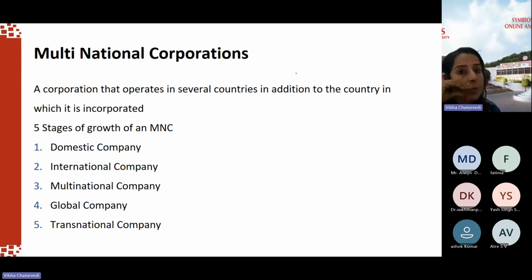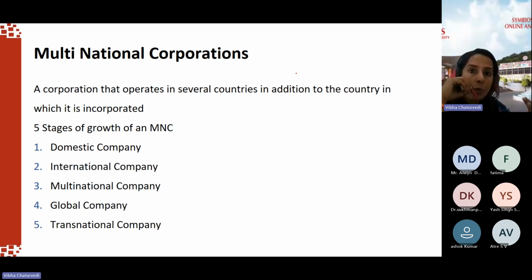So the first stage of the growth of a multinational corporation is you being a domestic company. So you're only a domestic organization. You're only producing and selling within the boundaries of a particular nation. So your approach remains very ethnocentric. Ethnocentricity of culture means that you presume that what you're manufacturing, the way you're manufacturing, your business practices, values, your human resources, and your organization is by far the best.